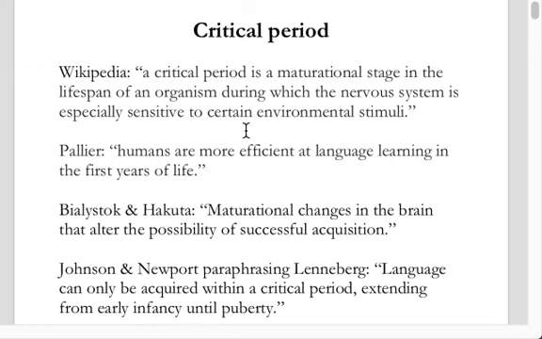Although Lenneberg was not himself a linguist, he thought that Chomsky's ideas about universal grammar had interesting implications for the biology of people and for cognitive science. And so he wrote a book about this in the 60s, about critical periods in first language acquisition and their relationship to biology. So this was what he thought was happening here.